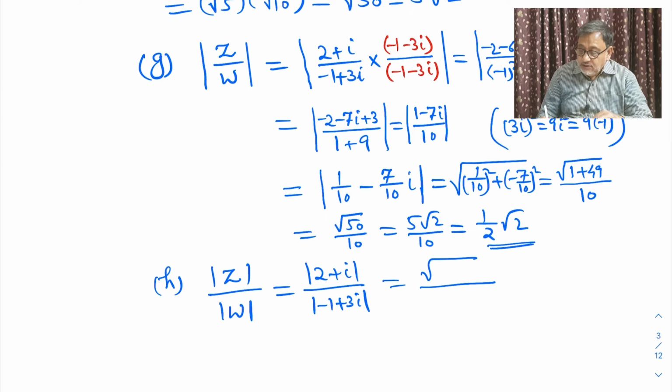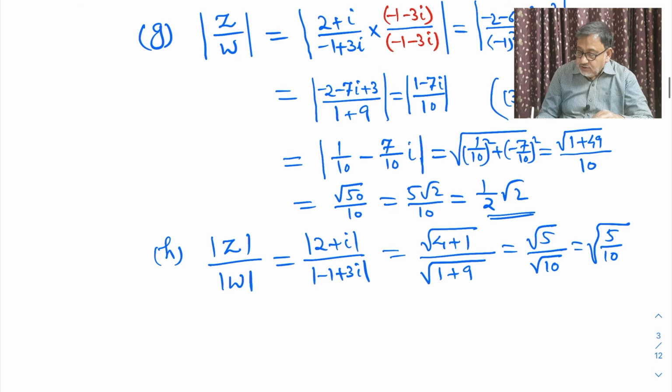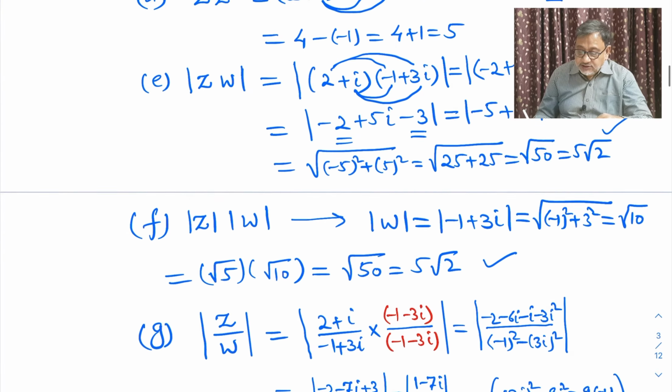Now the numerator will be square root of 2 square 4 plus 1 square 1. Denominator, minus 1 square 1, 3 square 9. So root of 5 divided by root of 10. Now if I bring them together, root of 5 by 10 will be 1 by 2, under the root, which I can write as 1 over square root of 2. Now this also can be 1 over square root of 2. So both the answers are matching.